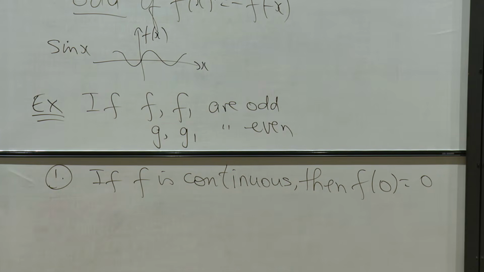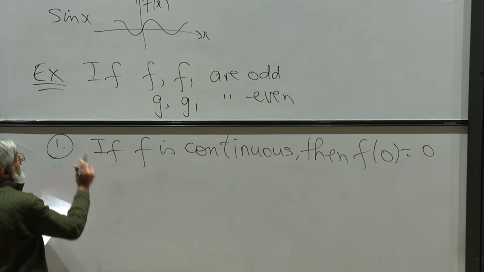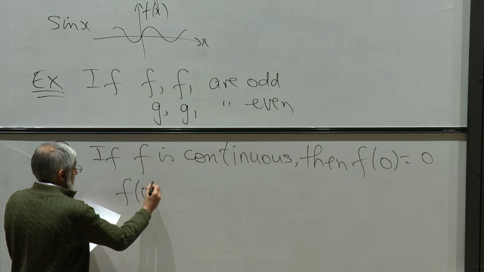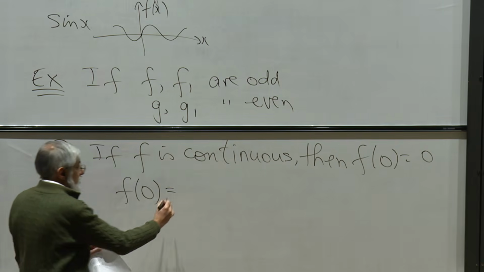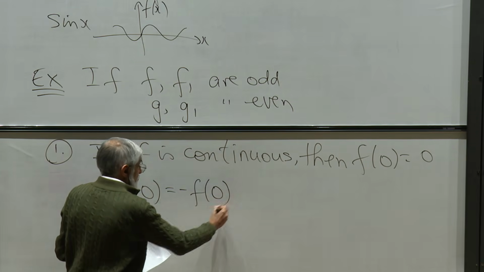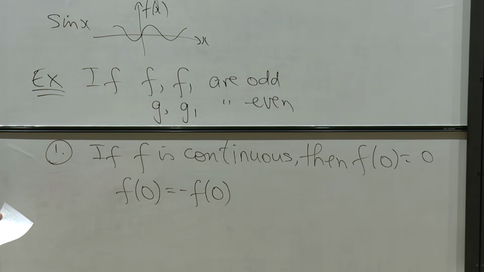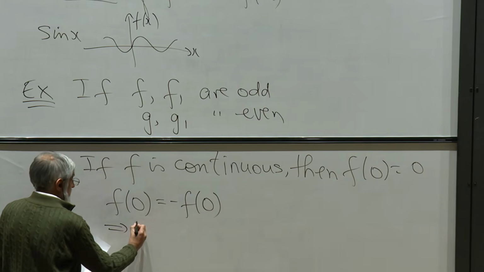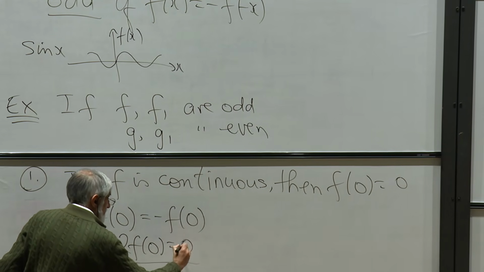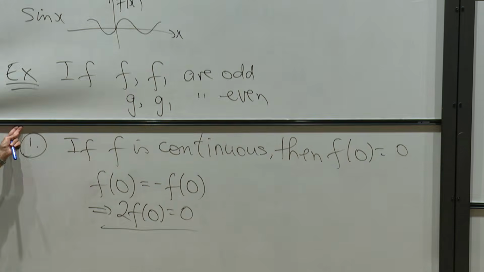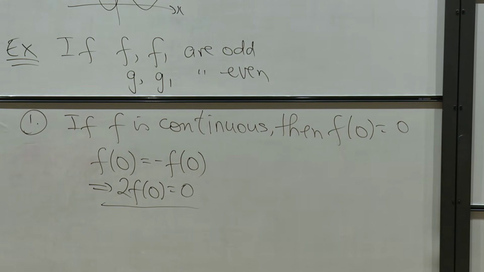Why is that? Well, because f of naught equals, by that definition, minus f of naught, and that means that 2f of naught equals naught, and so f of naught is 0.